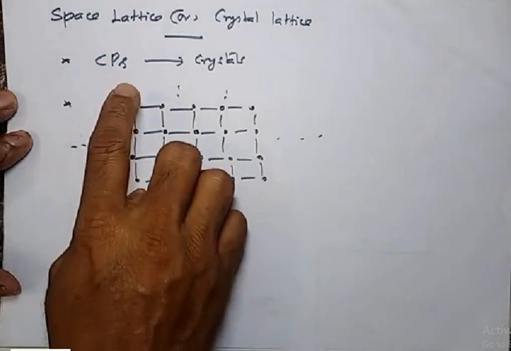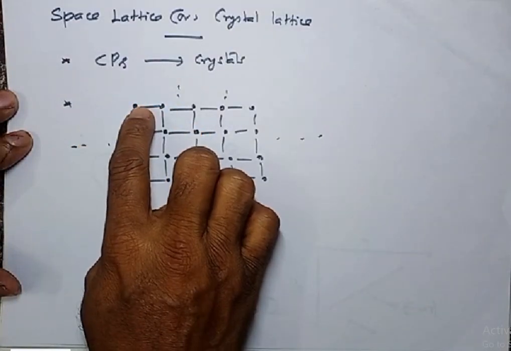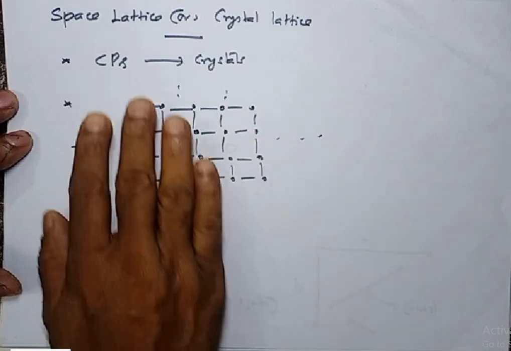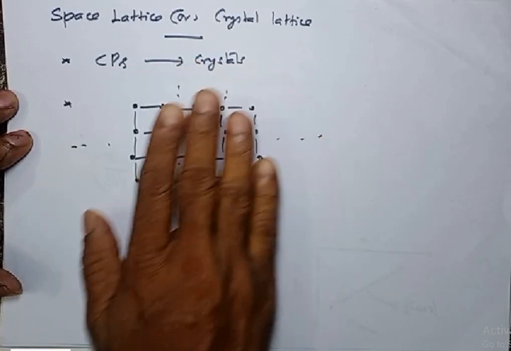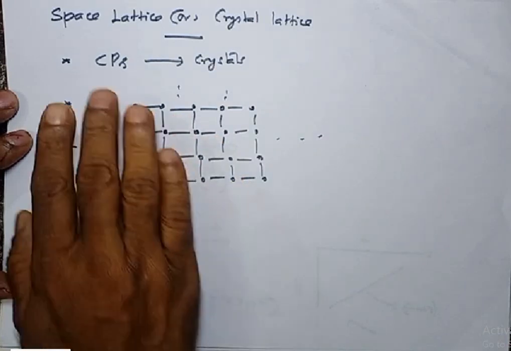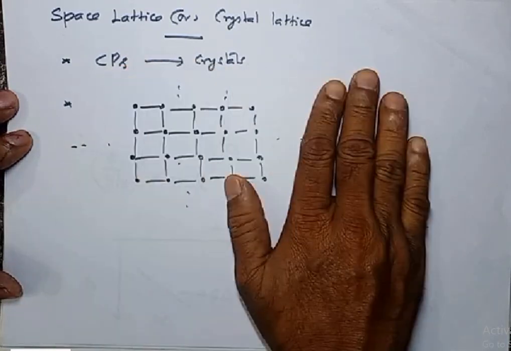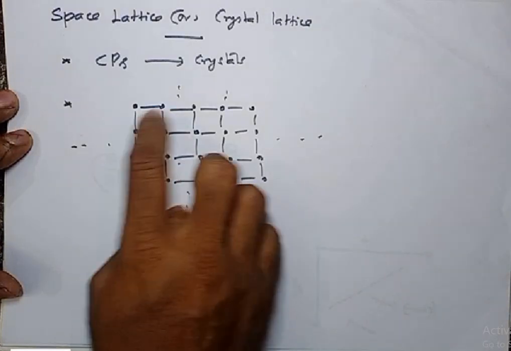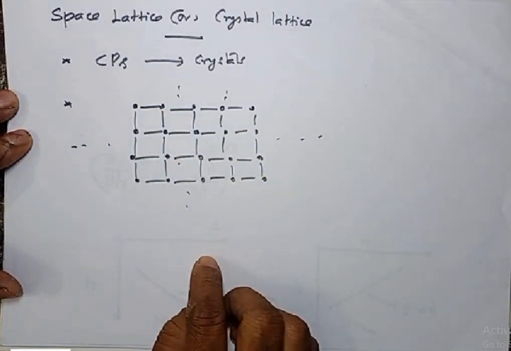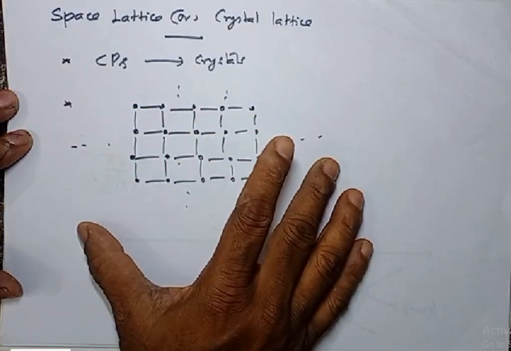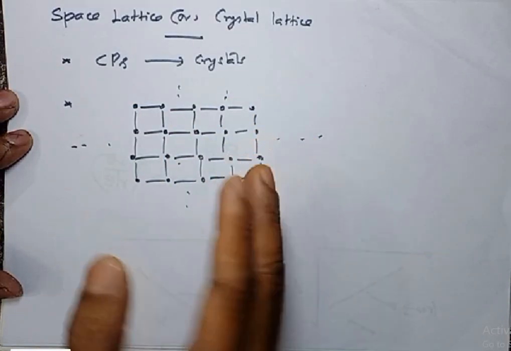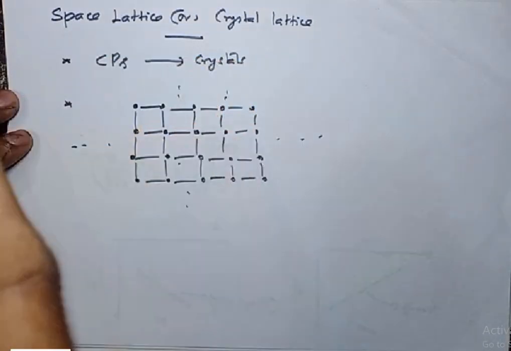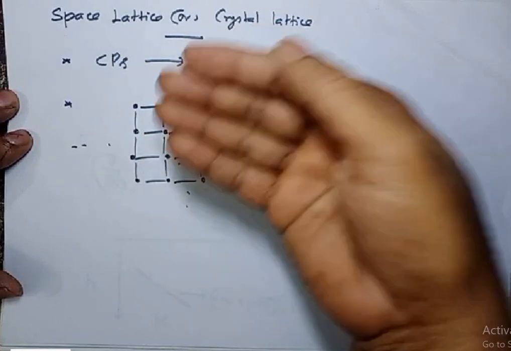Listen, if you put dots for each constituent particle, you will get an arrangement. See here, I am showing you an arrangement in the plane of the paper, so it is 2-dimensional. Then connect the neighboring constituent particles with straight lines, and you will get a kind of pattern. Now, similarly, you take another layer over this, another layer over that, and similarly you keep layers below this.